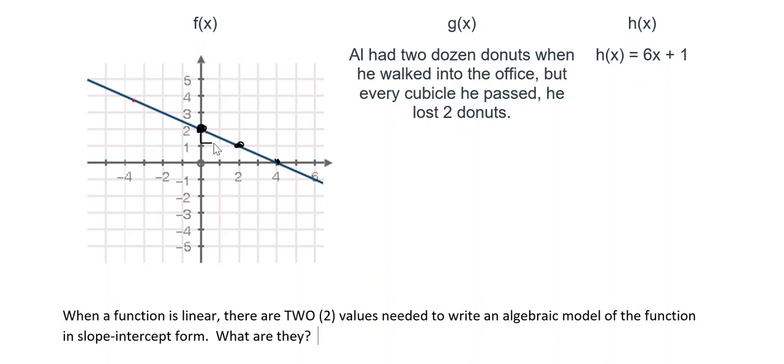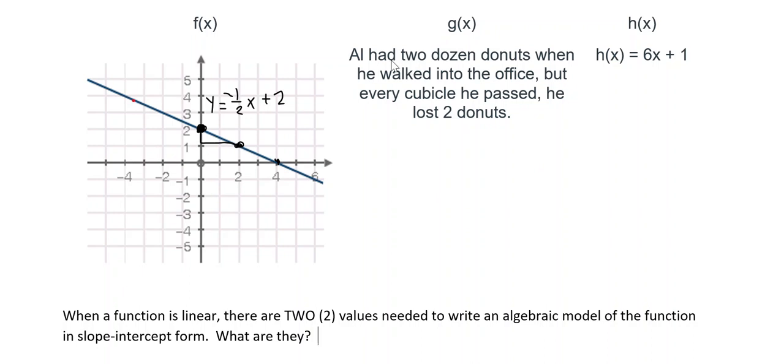I'm going down 1 and right 2. So that has a slope of negative 1/2. So we already know the equation here because the slope is negative 1/2, y equals negative 1/2 x, and then the y-intercept where it crosses the y-axis is 2, so plus 2. Now we've modeled the equation for f of x.